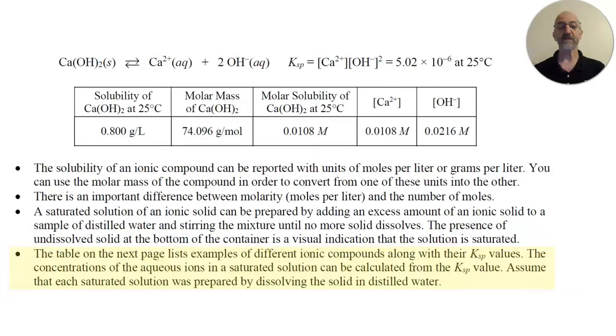Now, the table on the next page lists examples of different ionic compounds along with their Ksp values. So the concentrations of the aqueous ions in a saturated solution can be calculated from the Ksp value. Now let's assume that each saturated solution was prepared by dissolving the solid in distilled water.